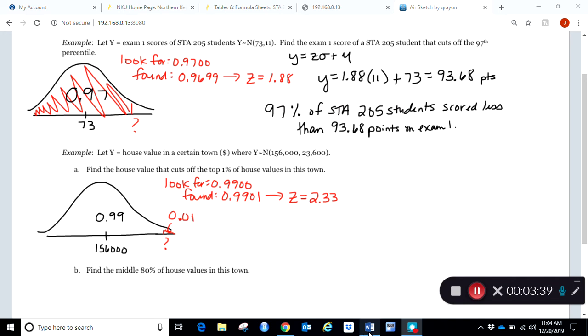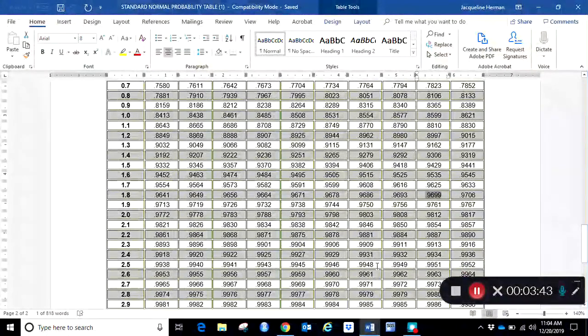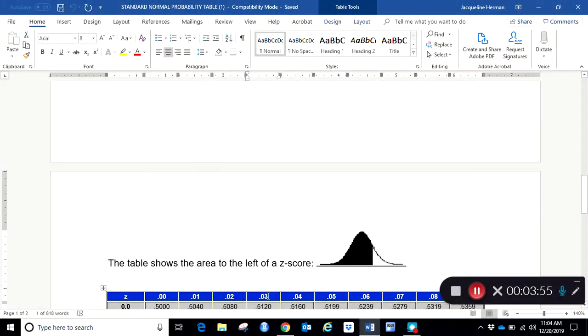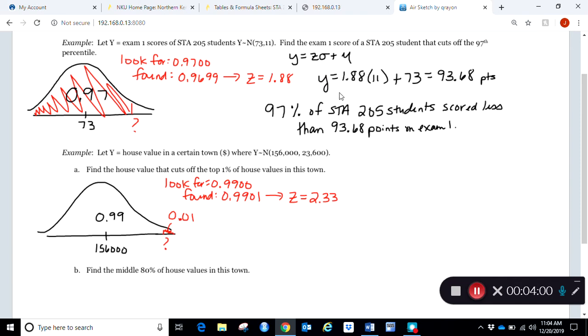Looking for that value in the table, we're looking again for the closest thing to 0.9900 that we can find. The closest thing we find is this 0.9901, which corresponds to a z of positive 2.33. Now we just need to plug that number into our formula to get our answer, and then also go ahead and try to interpret this one on your own.